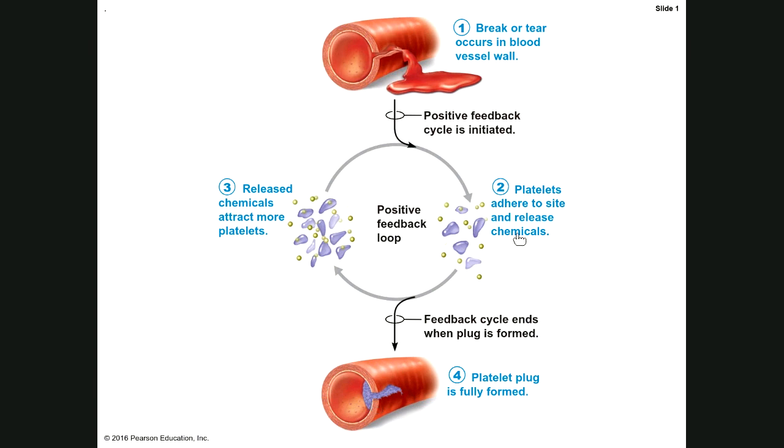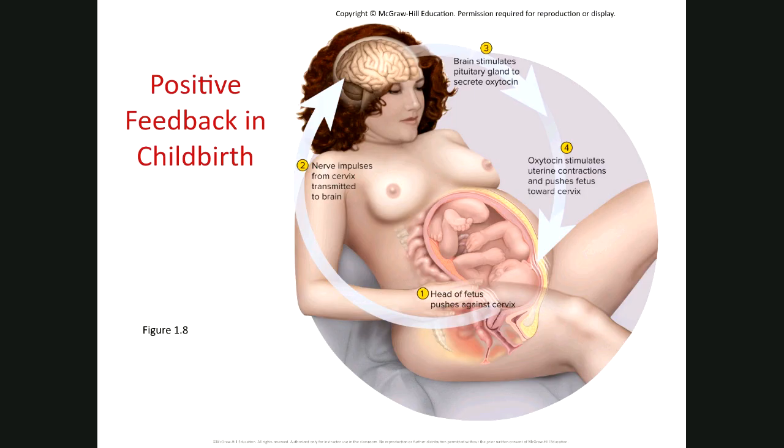These chemicals will continue at high levels to be triggered to come to that area until a final goal is achieved, in this case the clot that forms there. So again, do not memorize this. All you need to know is that blood clotting is an example of positive feedback.